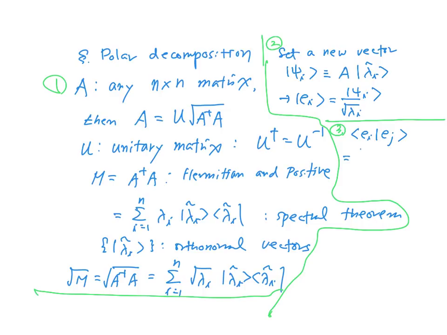Then according to the definition, square root of λ_i λ_j, φ_i, φ_j, which is λ_i tilde A dagger A λ_j tilde. Well, A dagger A can be represented by this spectral theorem, right?